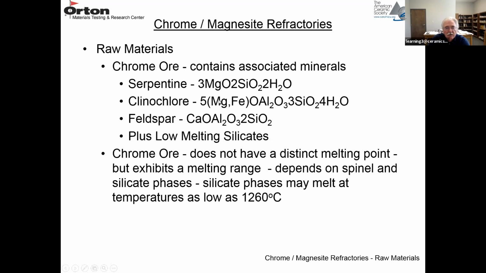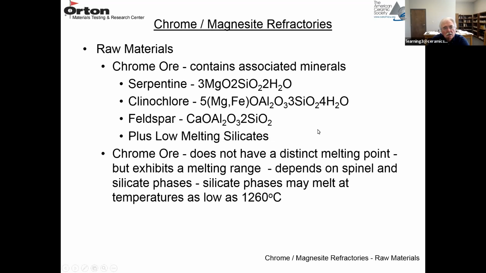So this varies, but the sum of these two is 5, whether it's MgO or Fe. Feldspar, which is a calcium aluminosilicate, CaO, Al2O3, 2SiO2, plus other low melting silicates.